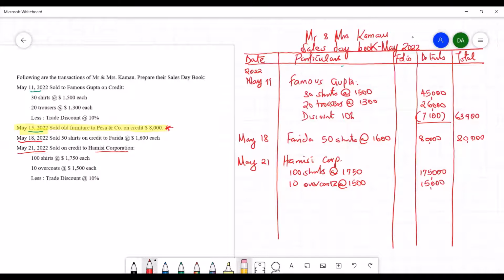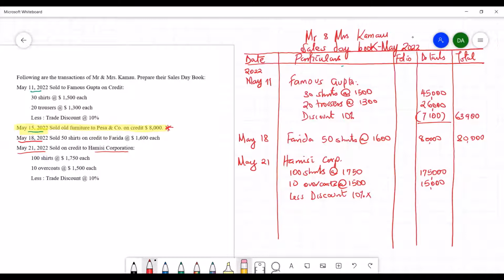Let's do the trade discount. We are supposed to deduct trade discount. And the discount in this case is 10%. So it is going to be 10% of the total.